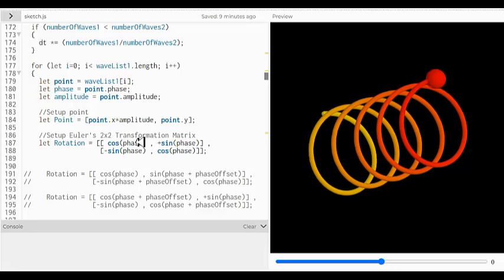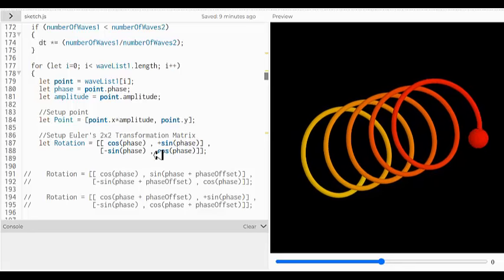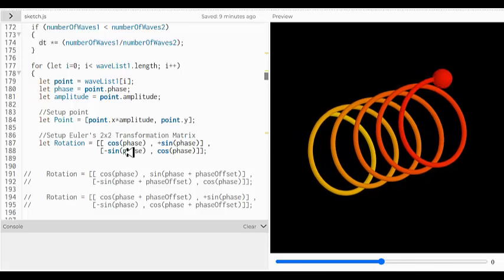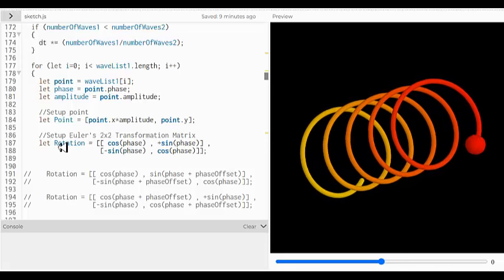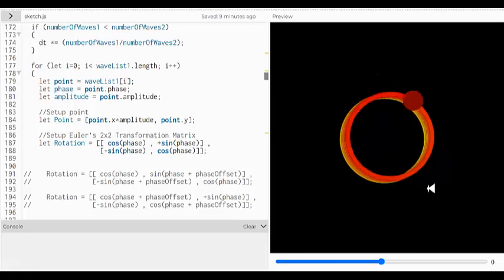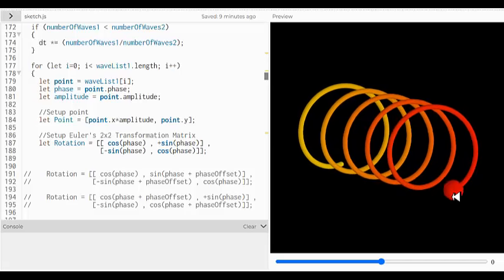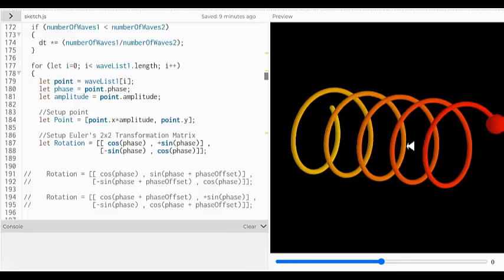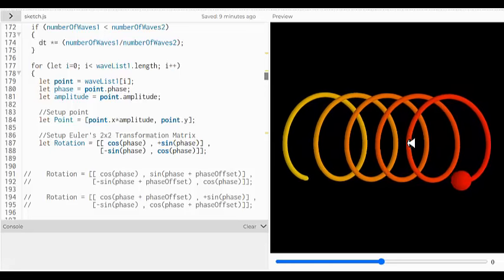Both cosines are positive, and the sines are positive and negative. When you use this transformation matrix, you get the helix wave, you get the circular polarization, what is commonly called circular polarization of an electromagnetic wave.